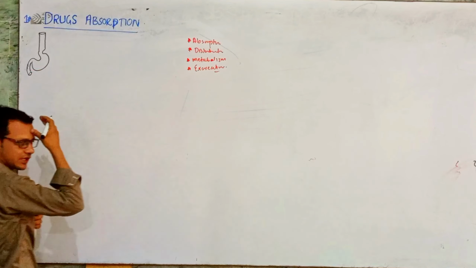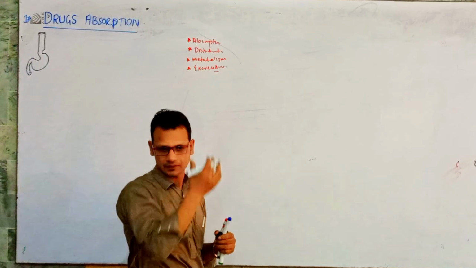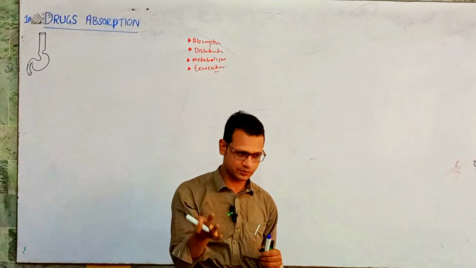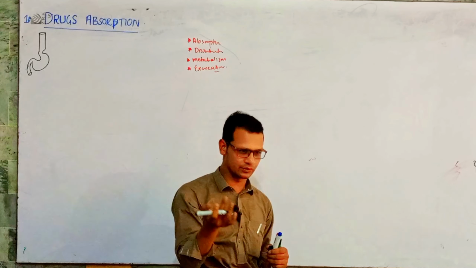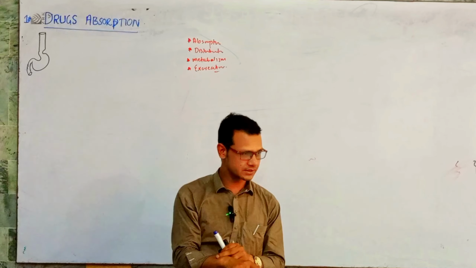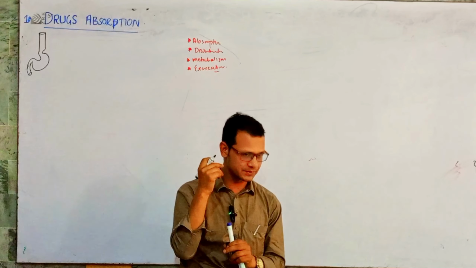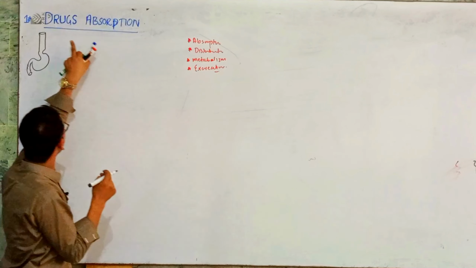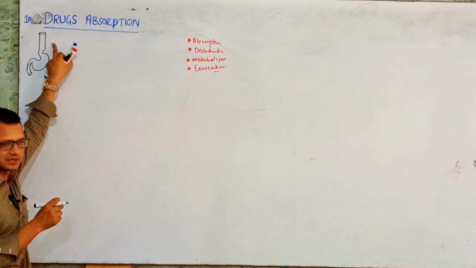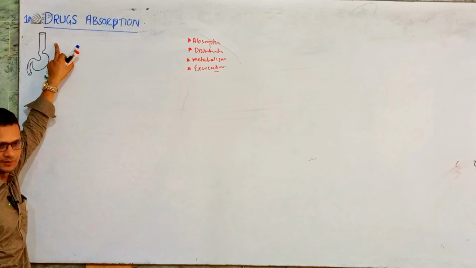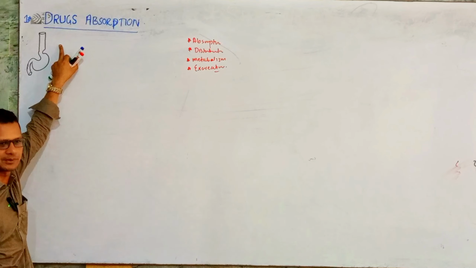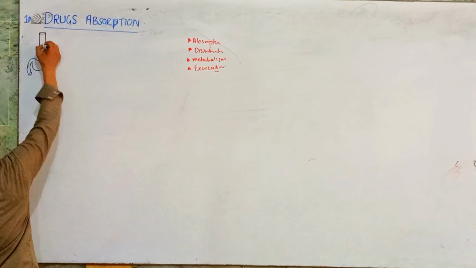For administration we have a lot of routes: IV, IM, subcutaneous, oral route, rectal route, vaginal route, topical routes, eye drops, ear drops, right? So we will take the oral route because this is one of the routes acceptable to patients, and this is one of the feasible ones. This is administration of drug.